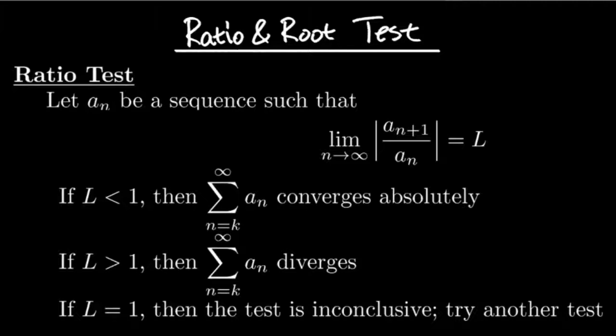Converges absolutely means, basically this: if we take the absolute value and that converges, then that means this thing converges absolutely, which means it converges. Alright, anyway, if the limit is greater than 1, then the series diverges. If the limit equals 1, then we can't tell.